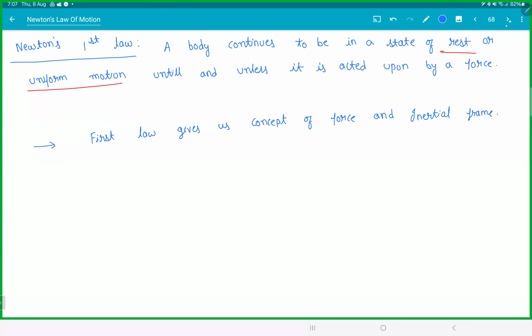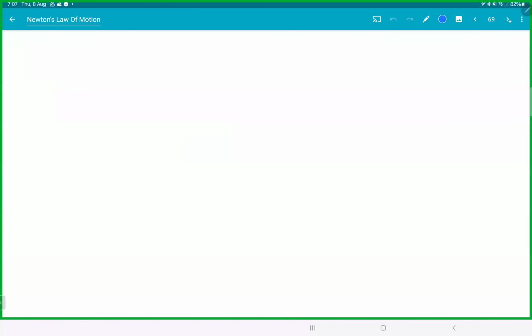Now, all forces in the universe, you can classify them into four categories. There are four types of forces. The first one, gravitational force.